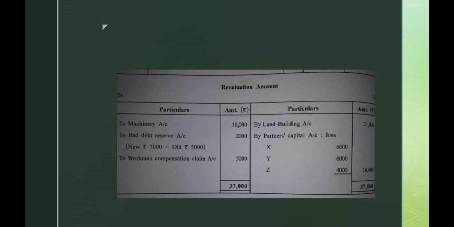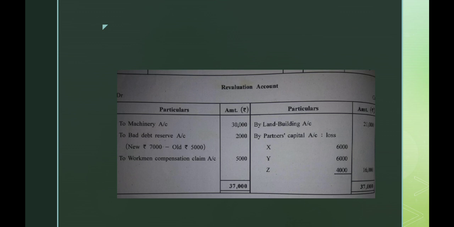On the debit side, it is 30,000 plus 2,000 plus 5,000. So the total is 37,000. And if we are talking about the total of the credit side, before writing the loss, it is 21,000. So what is the difference between these two? It is 16,000.